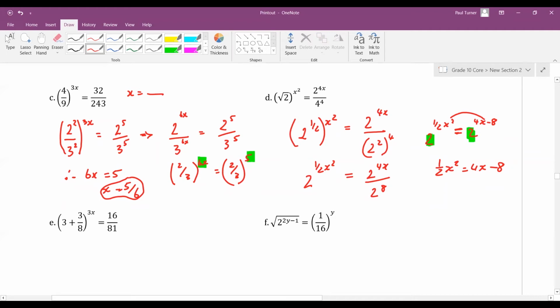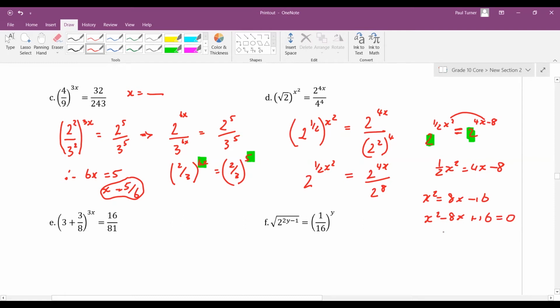So we end up with a quadratic. So we could multiply both sides by 2 to give you x squared equals 8x minus 16, aren't we? So times 2 this side and times 2 this side. So x squared minus 8x plus 16 equals 0.